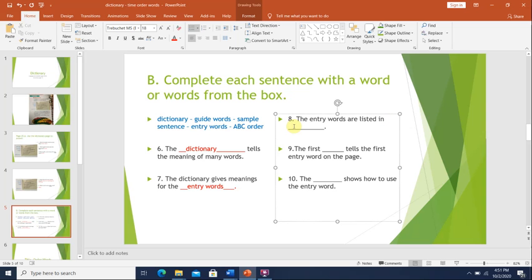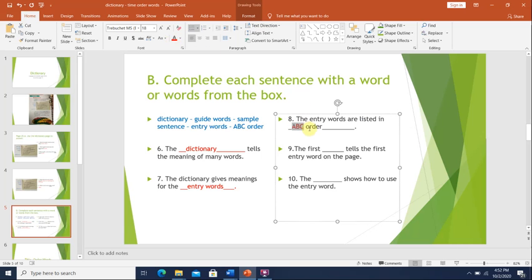I look in order of the ABC and I find it in the P. If I want to look for the meaning of whale, I go in ABC order through the dictionary until I find the letters that begin with W. So entry words are listed in ABC order.